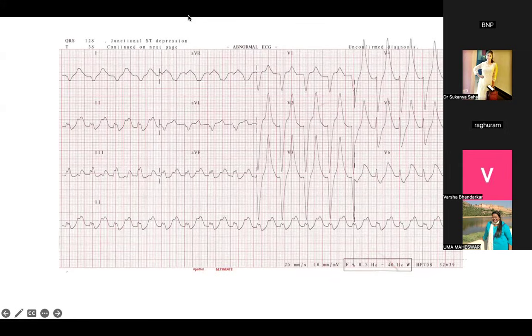And advanced DLBCL with LDH of 2 times or more of the upper limit, and AML and ALL with 1 lakh or more count. So there you have a 5% and more risk of TLS.